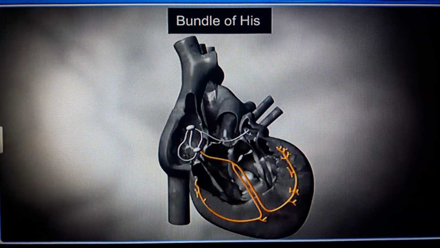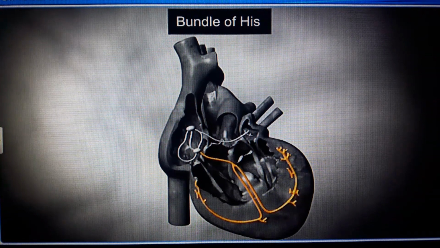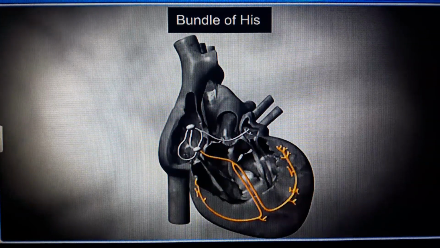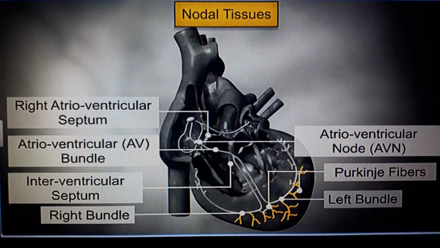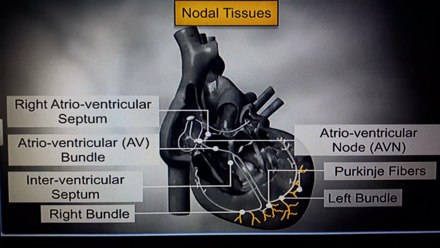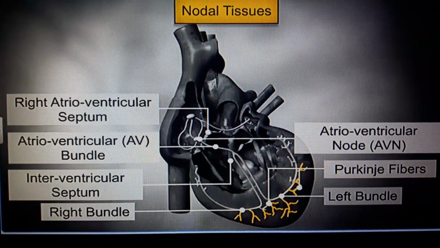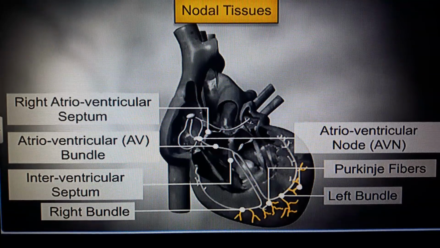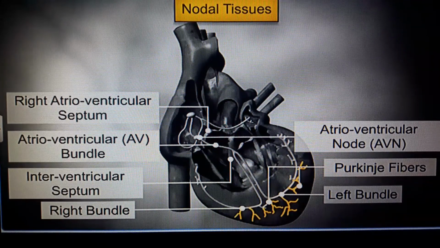The bundle of His passes down the septum as right and left branches, conducting the impulse to the respective ventricles. Friends, you just look. Each bundle of His gives out a fine network of fibers spreading all over the ventricles called Purkinje fibers. The impulses travel through these branches and both the ventricles contract simultaneously.